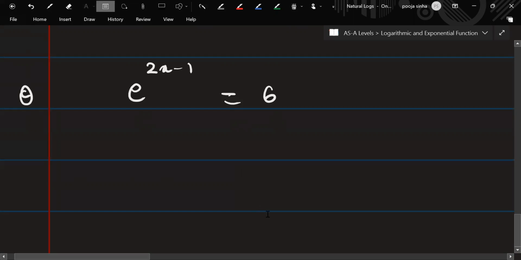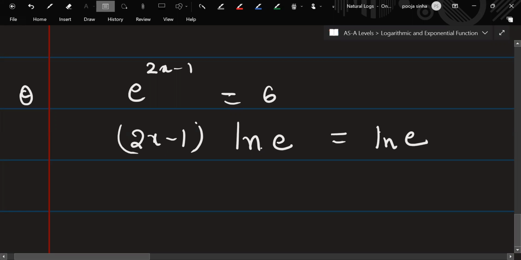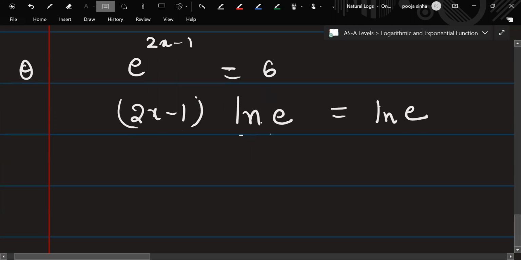Do we have to find it from the calculator? So now you will find it from the calculator. You took ln of e, which means log to the base e of e, right? So in 2x minus 1, this part became 1.